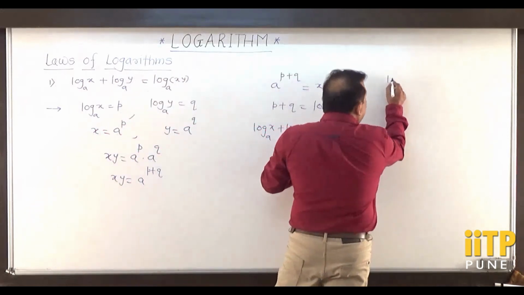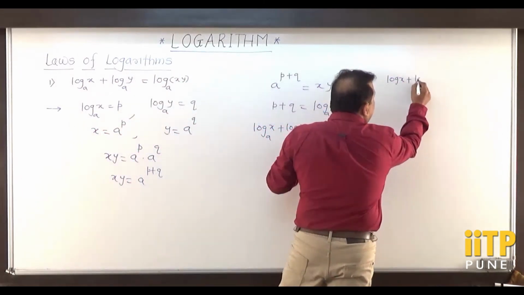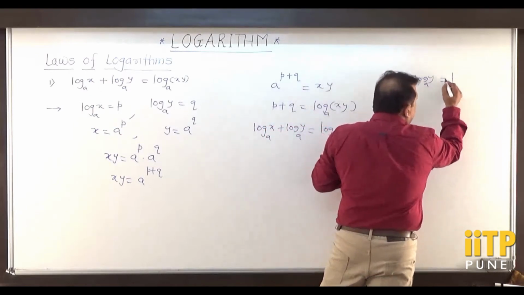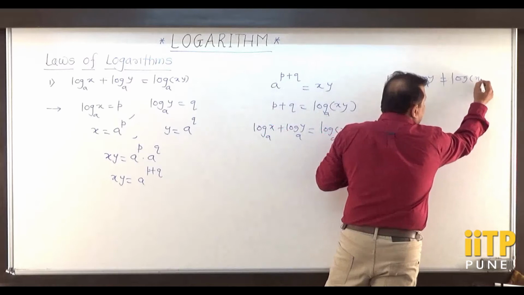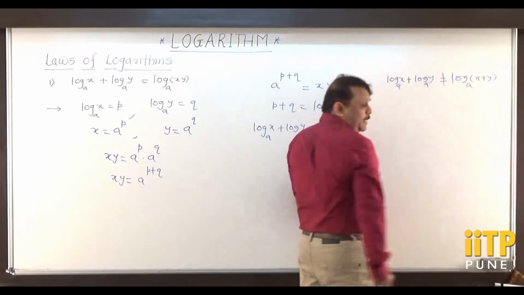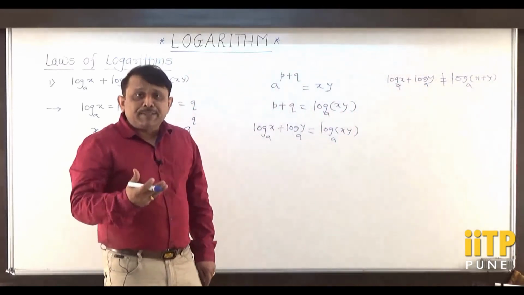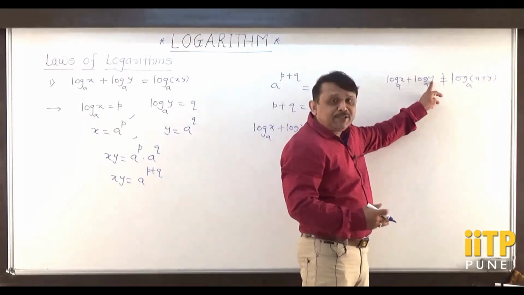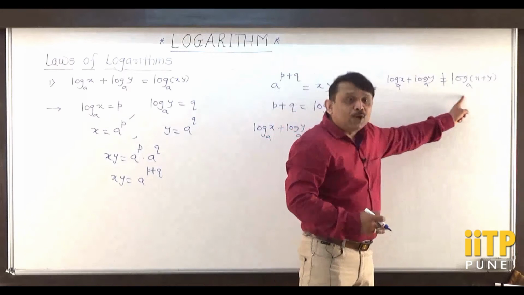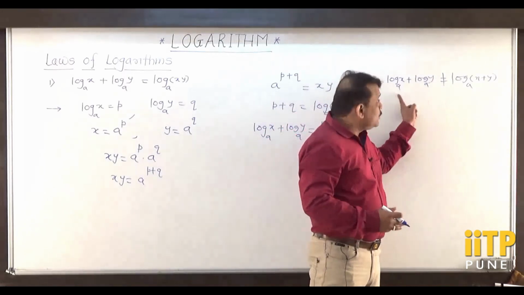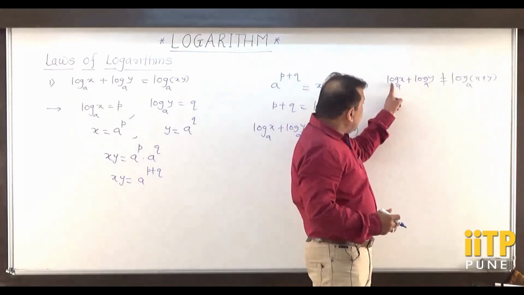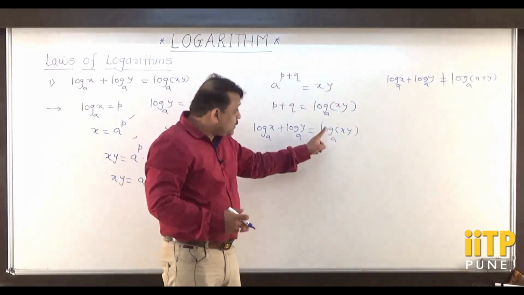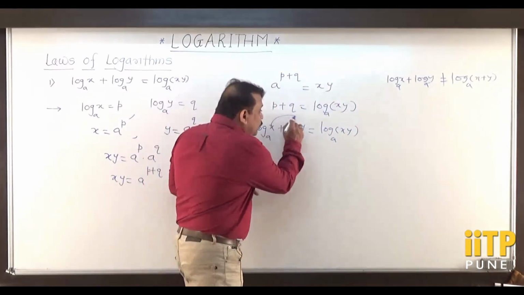Please note that log x plus log y to the base a is not log of x plus y to the base a. Some students may think that log is common and hence x plus y is inside to the base a. This is the wrong conclusion. This is the wrong perception. So the correct perception is: log x plus log y is a single log, and take the product of these two.